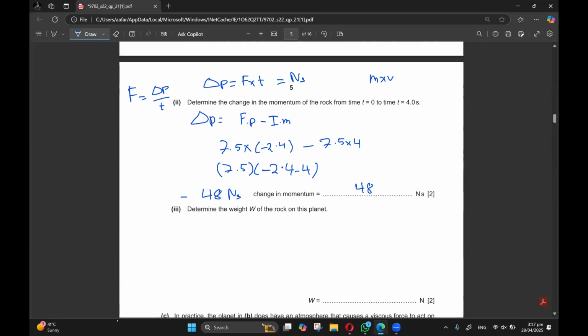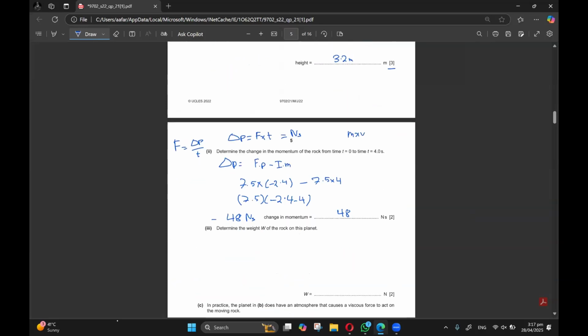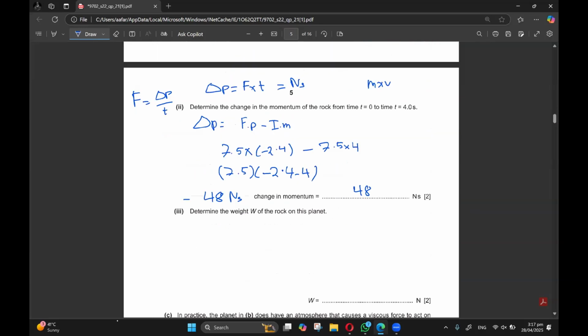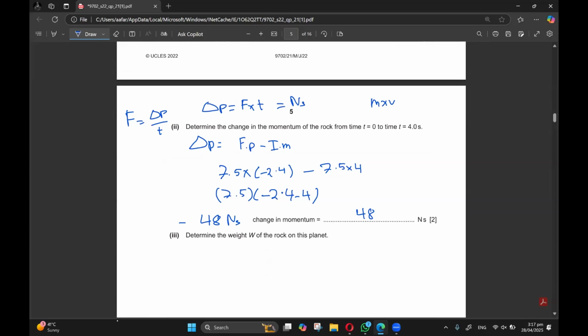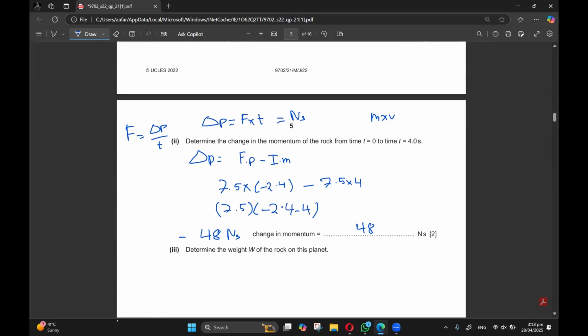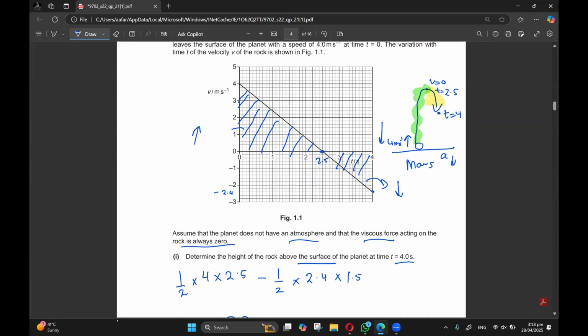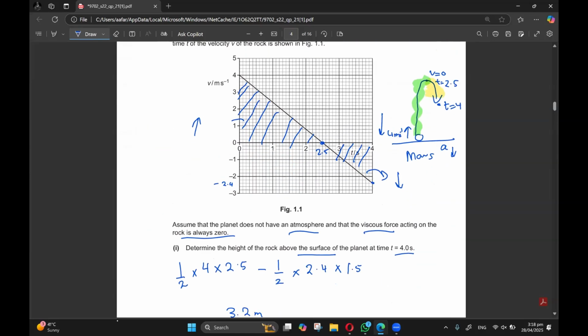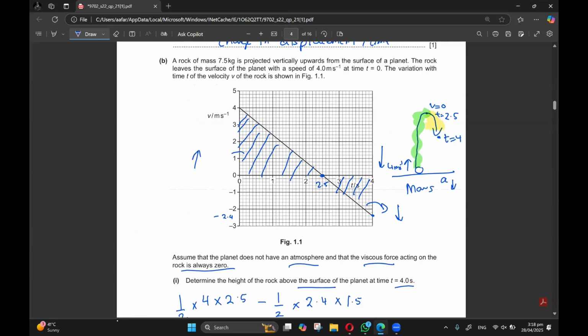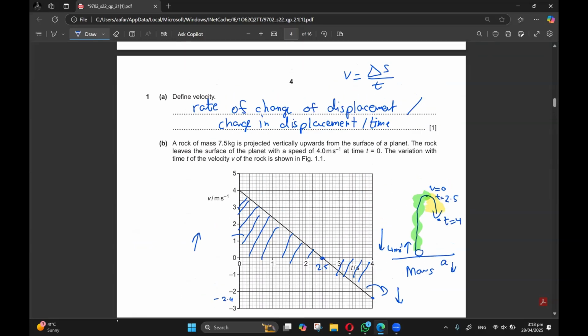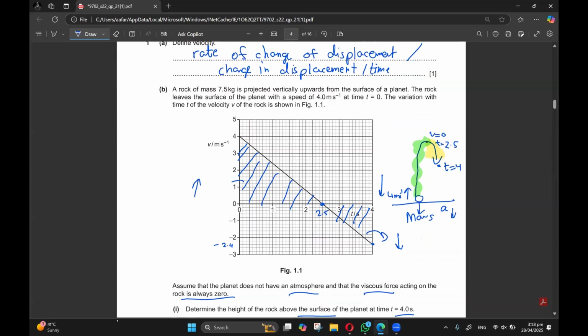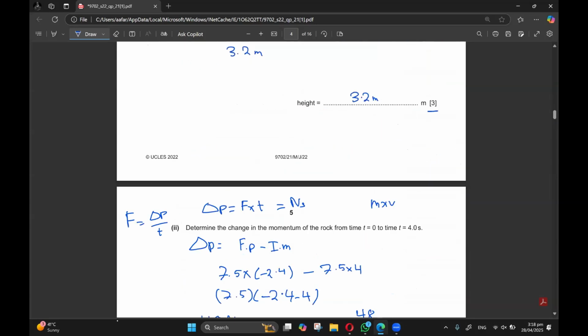Determine the weight W of the rock on this planet. To find the weight, when the rock is projected upwards, it has a resultant force acting downwards, right, which causes the downward acceleration.